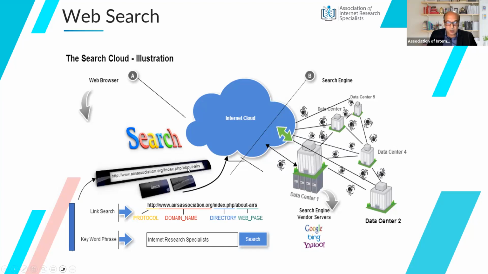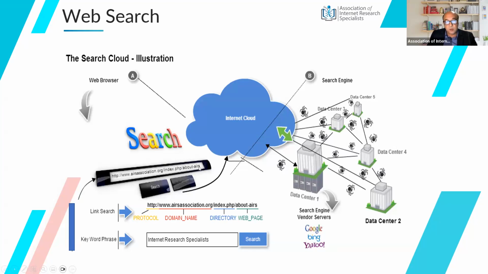This is the topic, or the name of the page, which is what is shown at the very end of a URL. So the URL, or web address, carries the name of the file itself towards the very end, which means after the last backslash. This is shown here as about AOFIRS, as if this is the name of the page it is trying to call from a website called airsassociation.org.